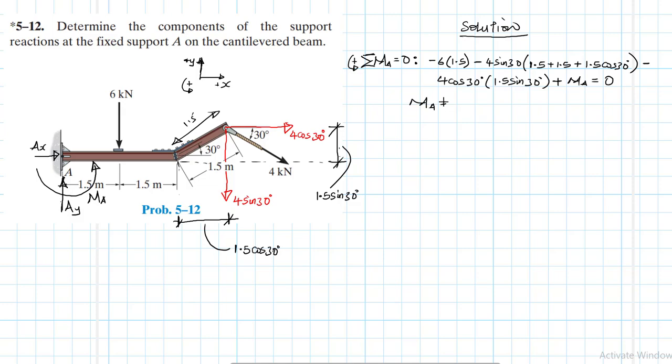Therefore, our MA will be equal to, you can grab your calculator, 6 by 1.5 plus 4 sine 30, which is 2, times 3 plus 1.5 cos 30, plus 4 cos 30 by 1.5 sine 30. Let me check and go through my work.